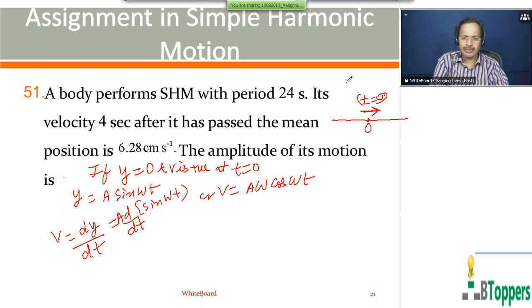Here the time period is given to be 24 seconds. So omega is 2 pi by time period, so 2 pi by 24 seconds, or pi by 12 per second. You can substitute these values here.